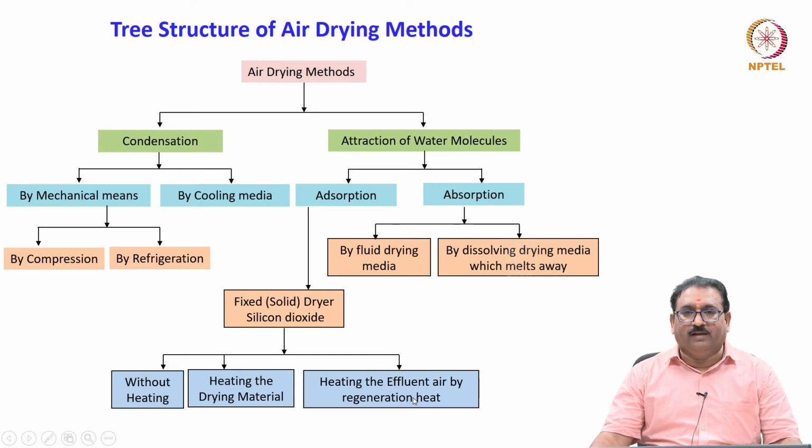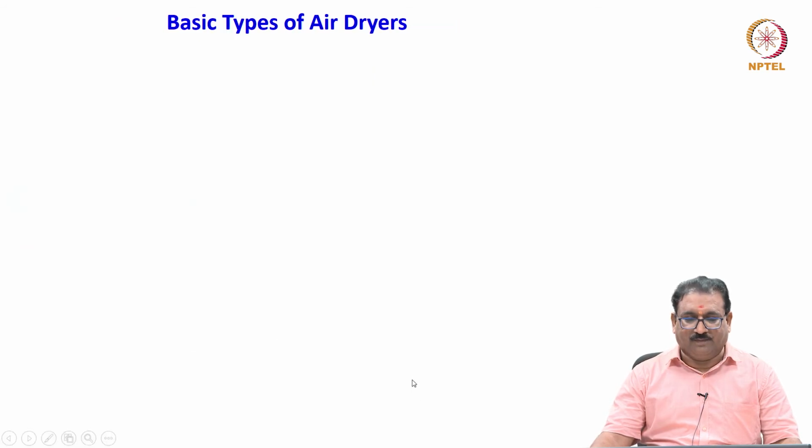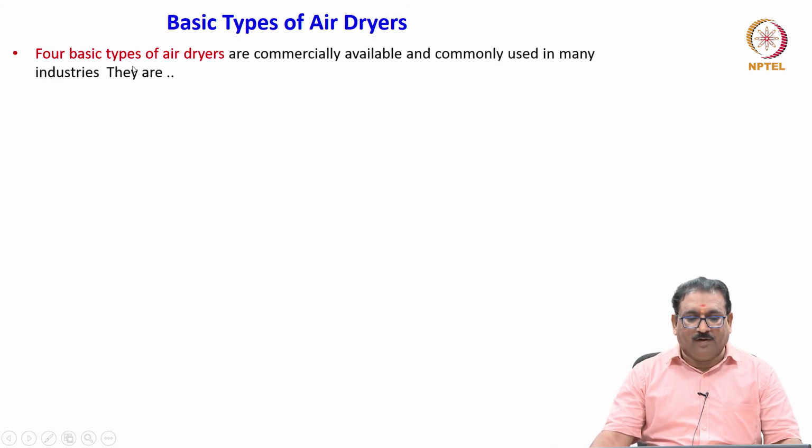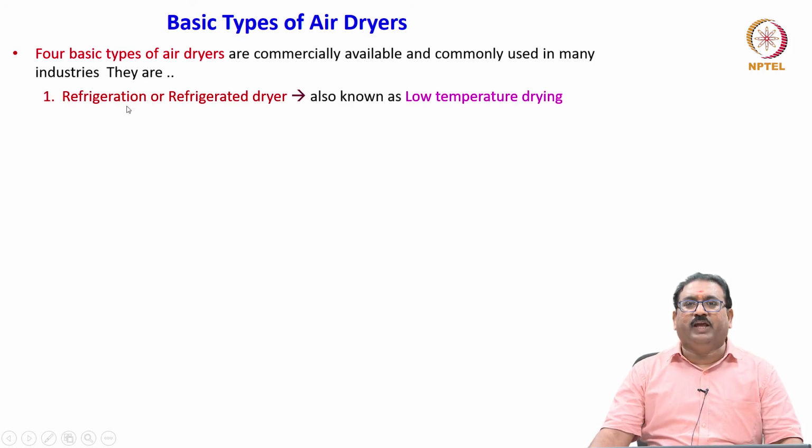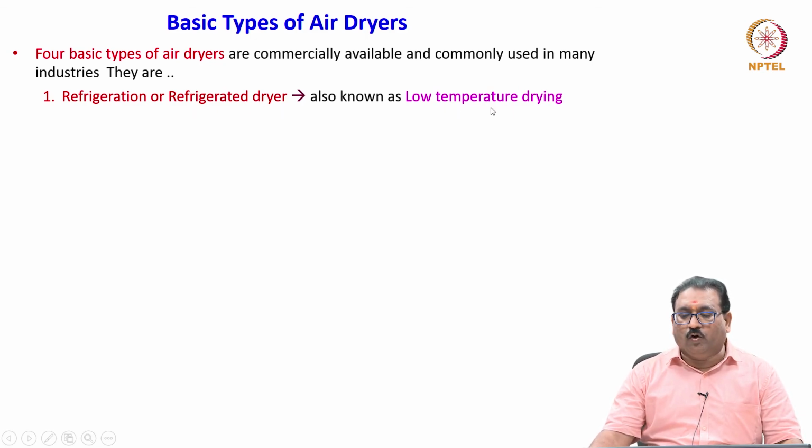Let us see some of these things in the next slides. We will move on to the basic types of air dryers. Four basic types of air dryers are commercially available and commonly used in many industries. They are the refrigeration or refrigerated dryer, also known as low temperature drying.